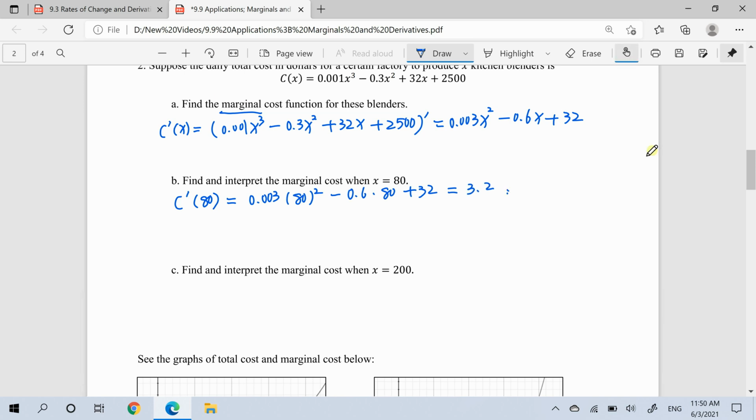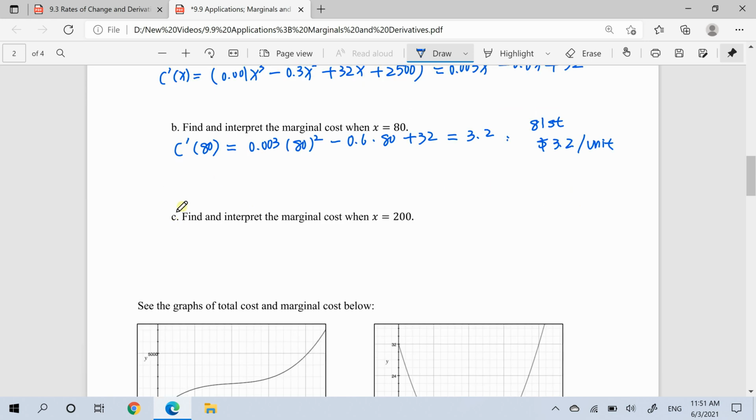That means when we have one more unit, the 81st unit, the cost will increase by about $3.2. This cost is per unit. Once you have one more unit, the cost will add up this $3.20.